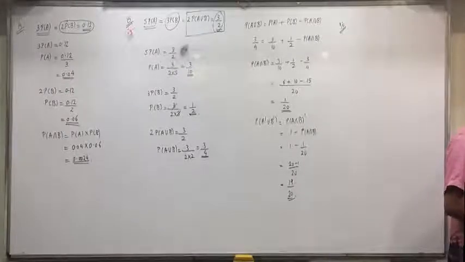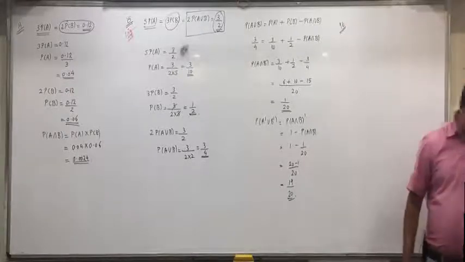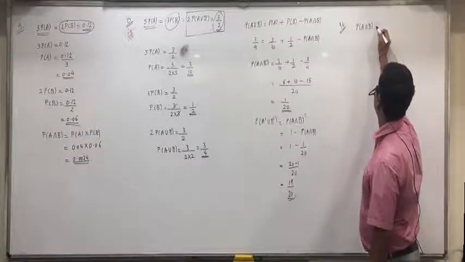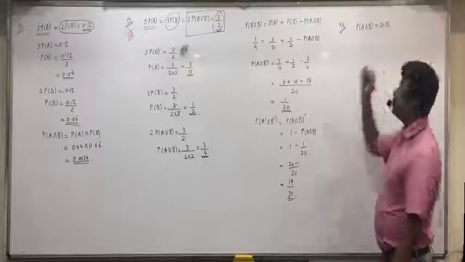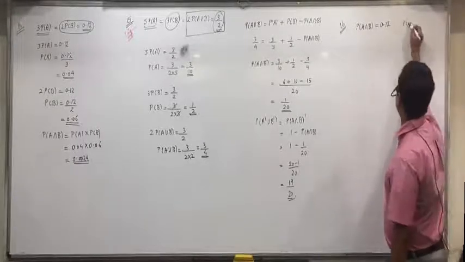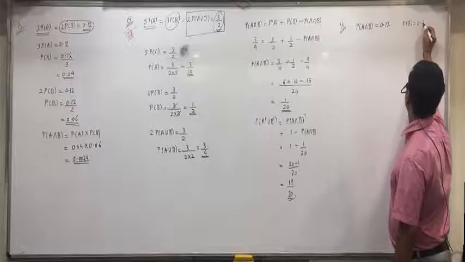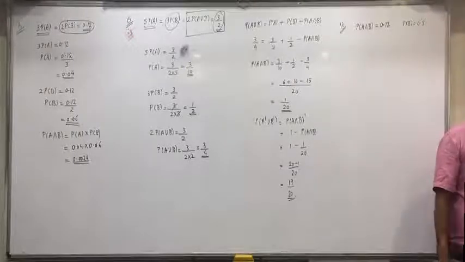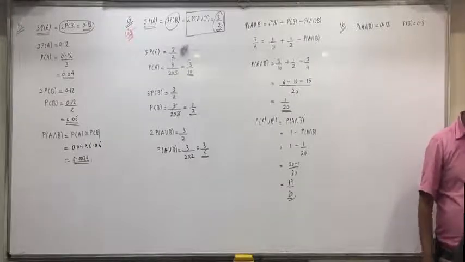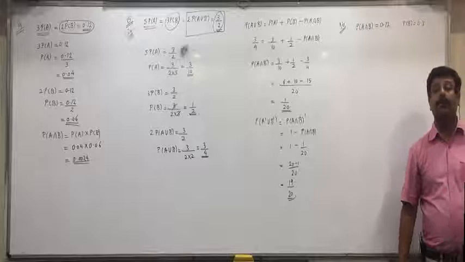Now 16th question, last for today, look at it. P(A intersection B) equals 0.12. P(B) equals 0.3. Now, for independent events, this is like P(A union B).